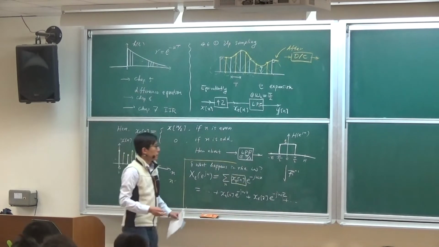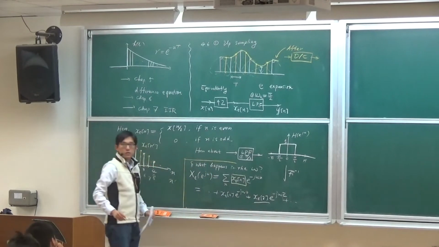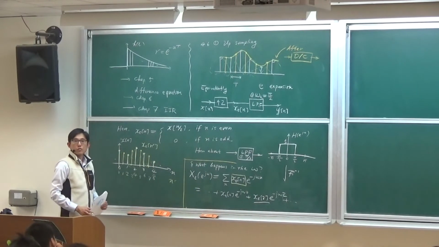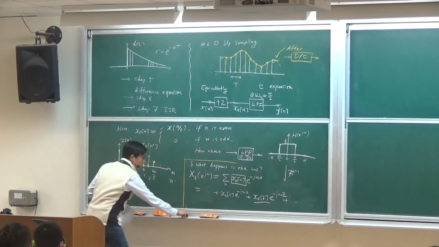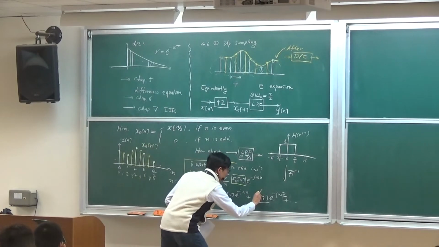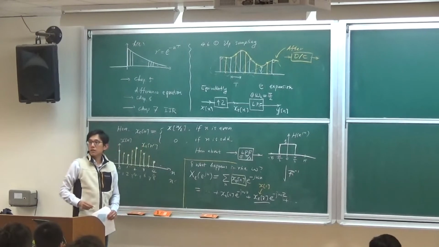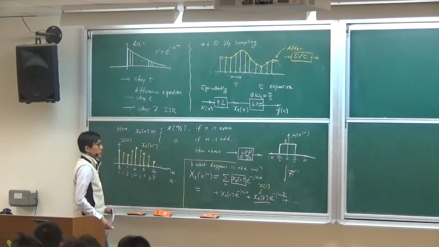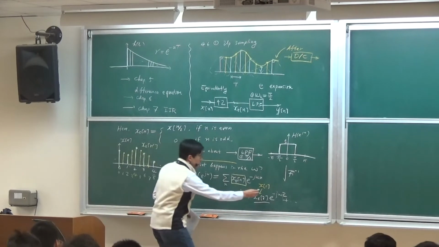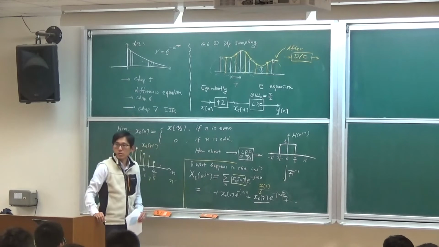Okay? But what is x_e of 2? It's just the original signal measured at time 1, right? So this thing here is actually x of 1, the original signal. But now with x of 1, we have a 2 showing on the exponent.